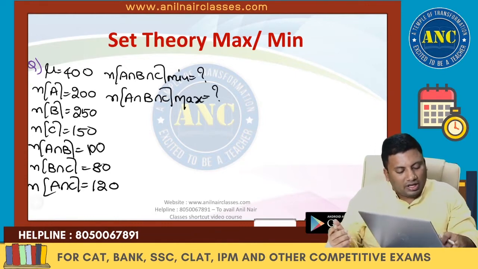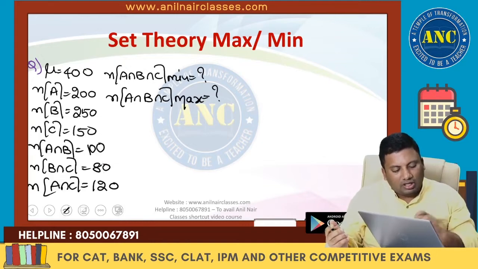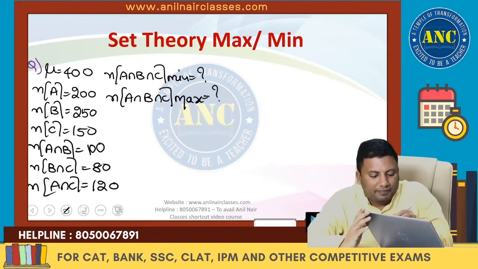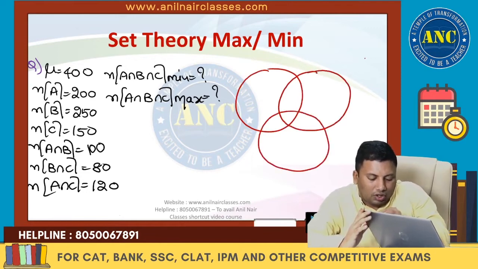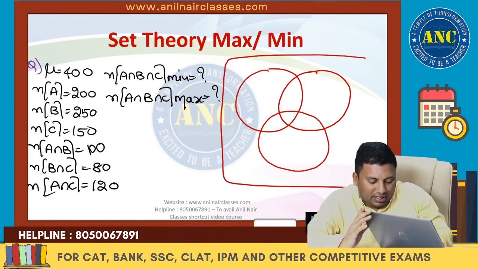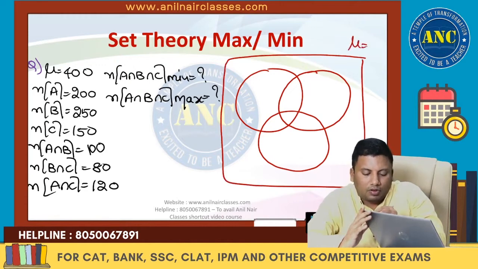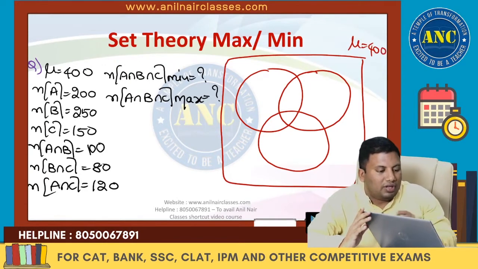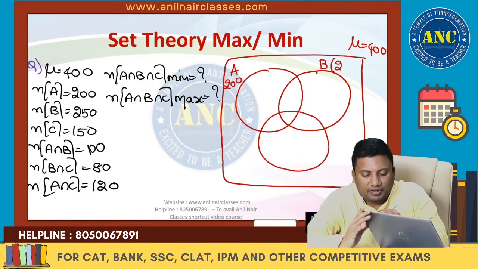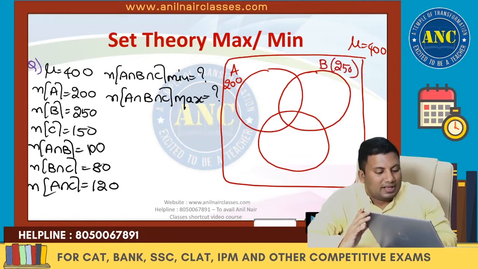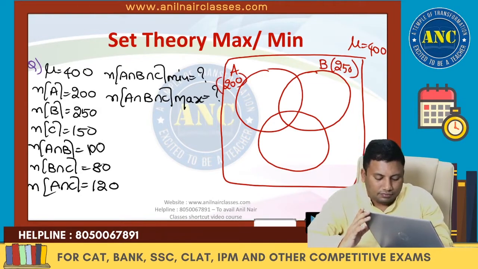Once you understand the approach, you can solve this question very easily. So these circles: total mu is given as 400. A is 200, B is 250, C is 150.